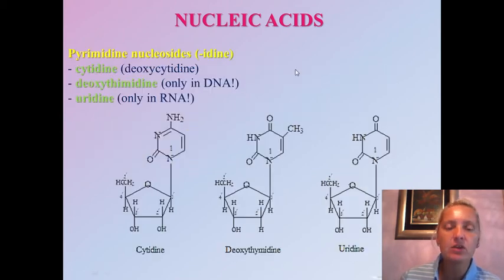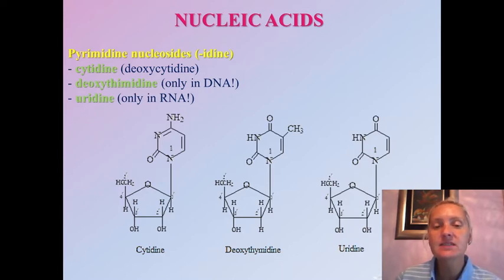In pyrimidine nucleosides, the N-glycosidic bond is formed between the semi-acetal OH group from C1 of the pentose and hydrogen from the N1 atom of the pyrimidine base. So it's a specific N1 glycosidic bond, and those nucleosides containing pyrimidine bases have names formed by adding the specific suffix idine, I-D-I-N-E.